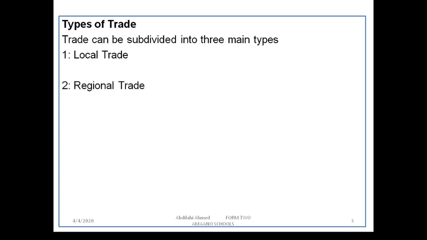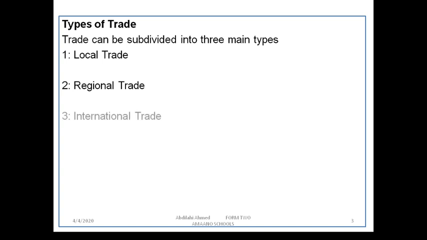Regional trade is a trade that happens in an area within the same geographical location. For example, the trade that takes place between East African countries is called regional trade. The trade that happens only in Somaliland can be called local or domestic trade. So a trade that takes place between different countries, but in the same region, is called regional trade.